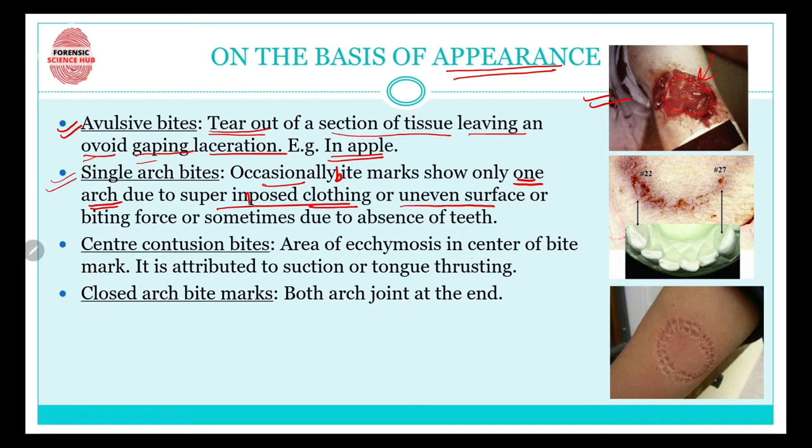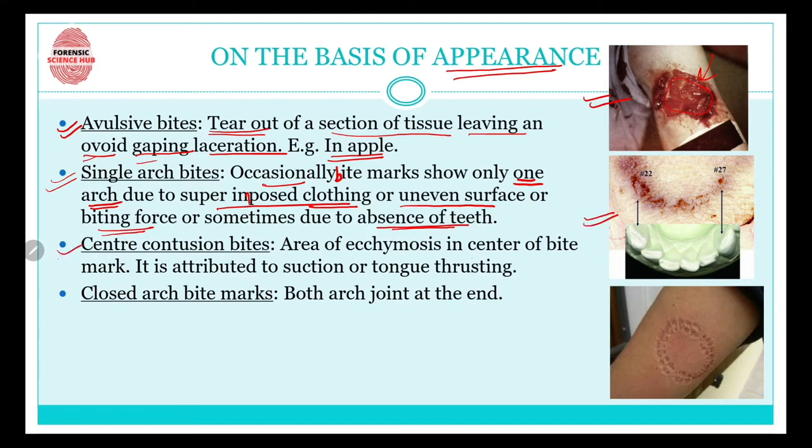Or an uneven surface can be there, or the biting force is uneven, that is, more force is applied from one jaw and little force from the other. Or sometimes due to absence of teeth, only one arch is formed. If you look at this picture here, we can see only one arch, so this is an example of a single arch bite.